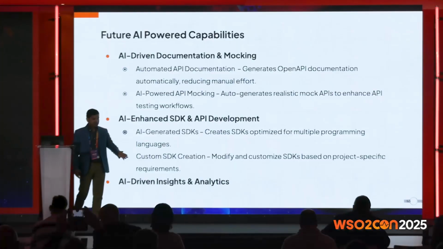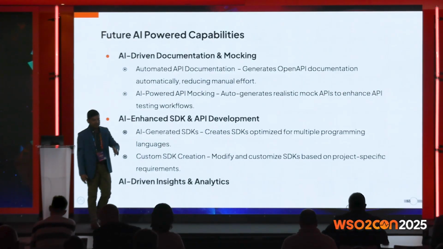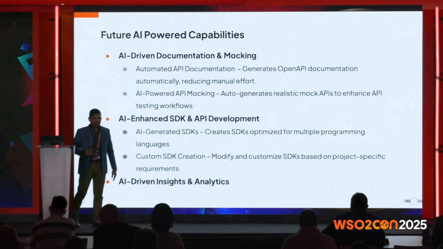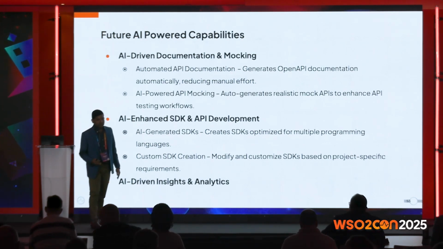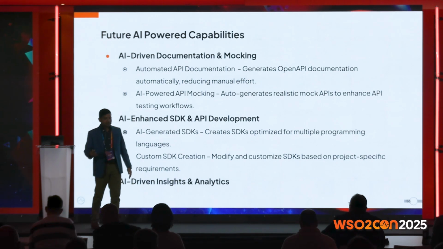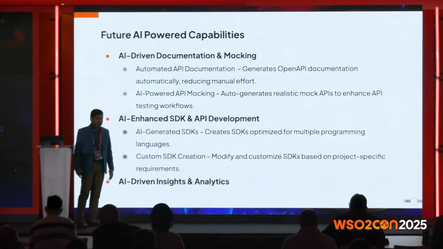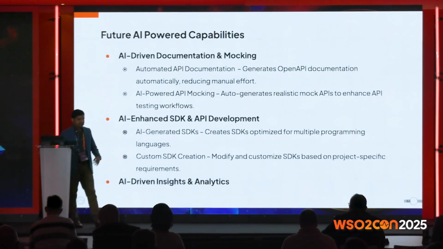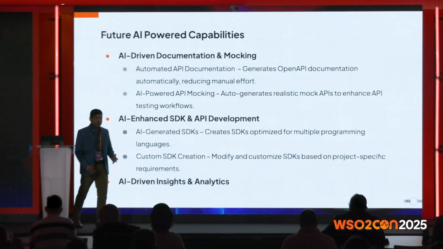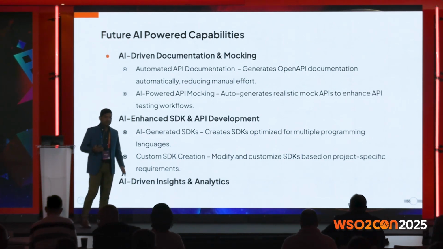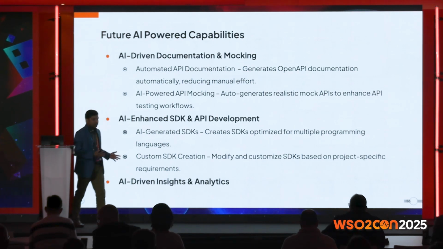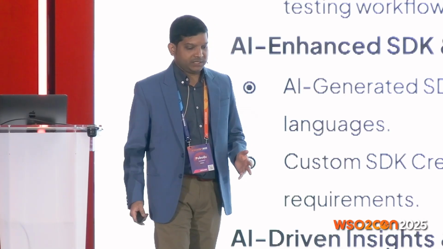So starting with AI-driven documentation and mocking, which will bring you automated API documentation, and also doing various mocking for the backend functionality. And there can be cases like SDK generation, where based on the user scenario, it should be able to generate relevant SDKs so that you can use them in your application development.